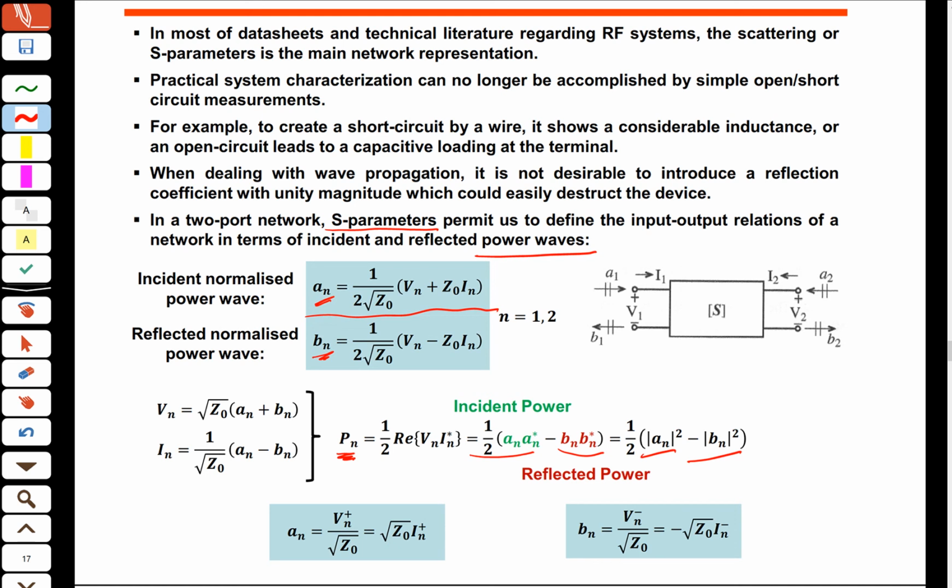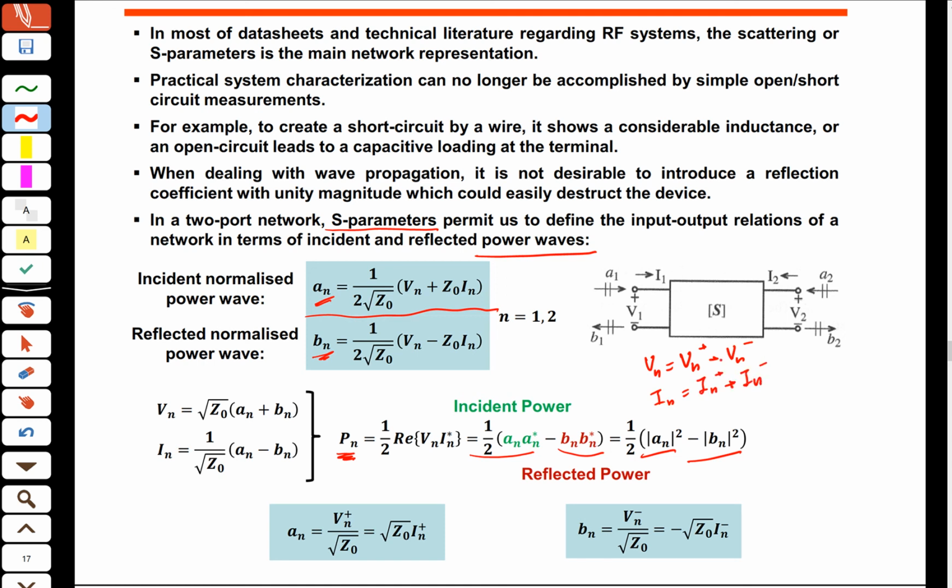And here, based on the formulas for Vn, you know that Vn equals Vn plus and Vn minus, the forward voltage and backward voltage, and In again equals In plus and In minus.